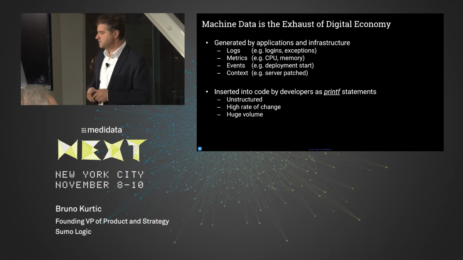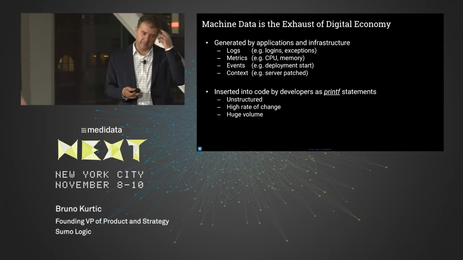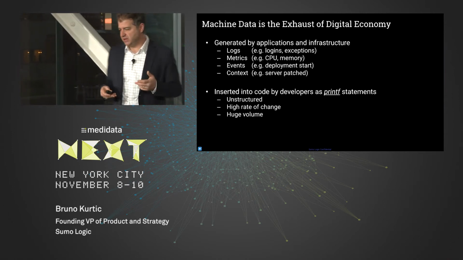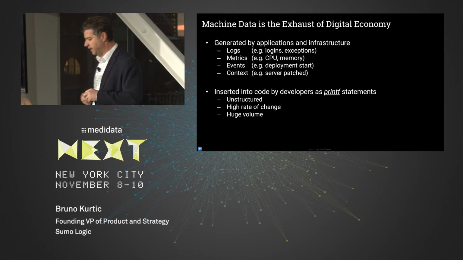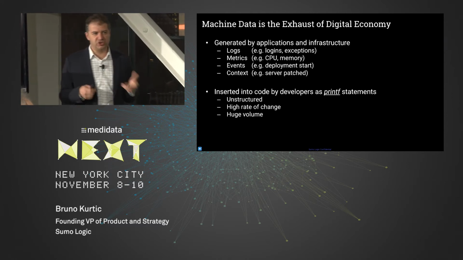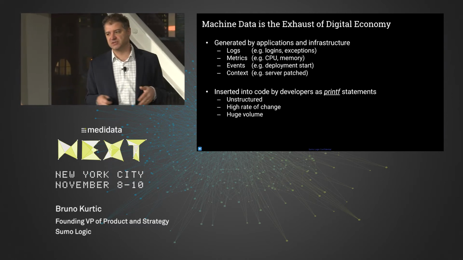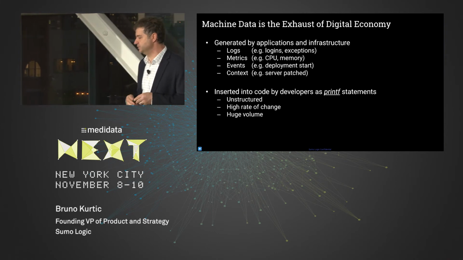So, let me spend a little bit of time talking about what this machine data business is. Machine data, as I said a little bit at the beginning, is data that's generated by applications like Medidata, the set of applications that you use.